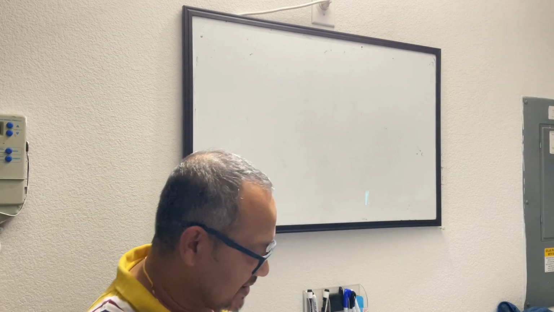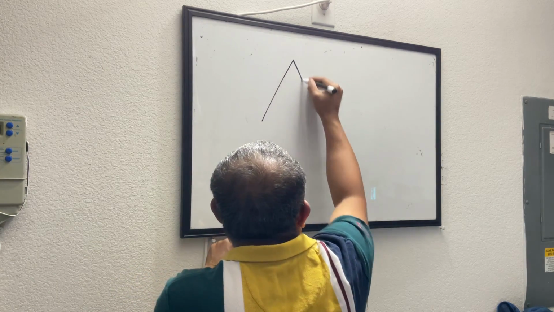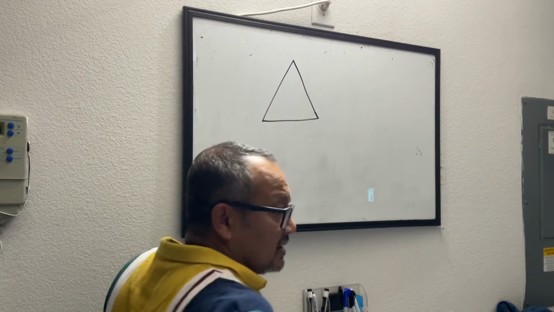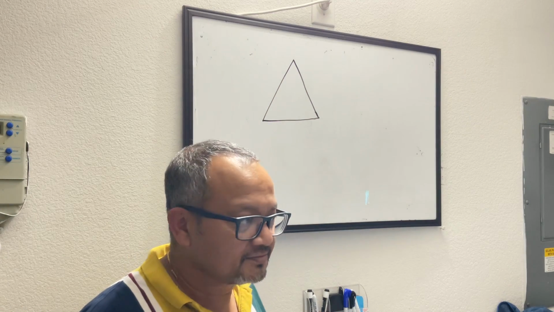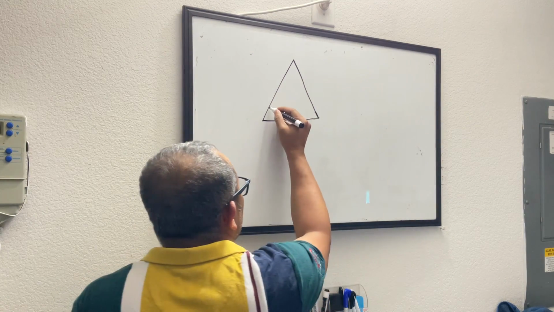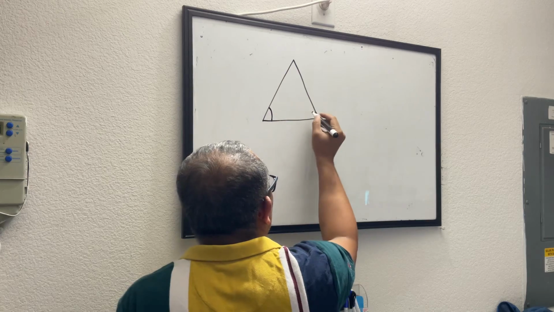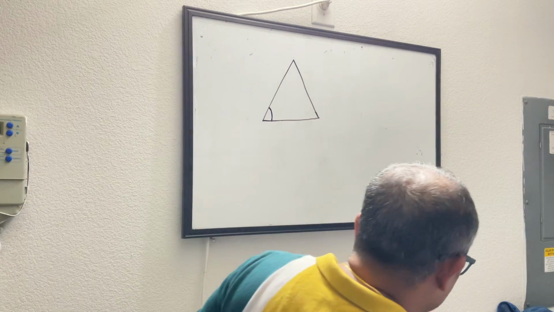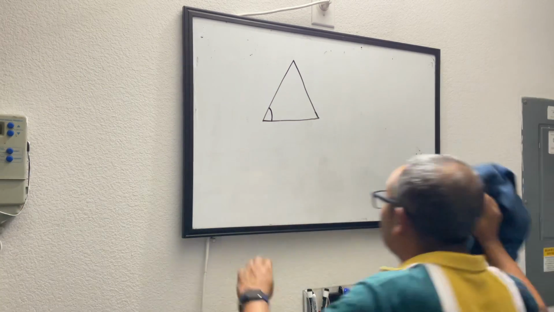Alright, let's look at it. If I'm dealing with an isosceles triangle, I'm saying this angle. Now let me make it a little simpler for you guys. Let's not overburden you with a lot of congruence concepts.